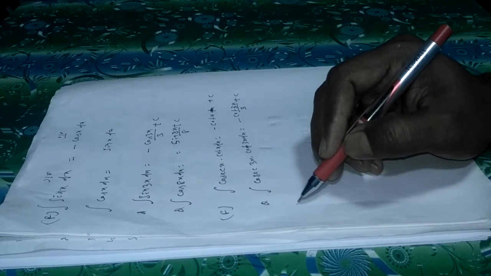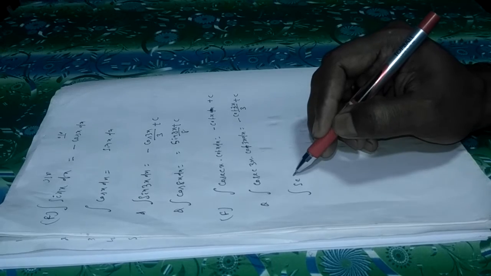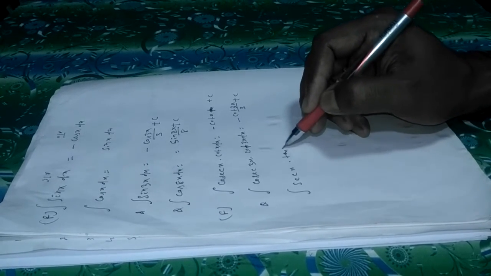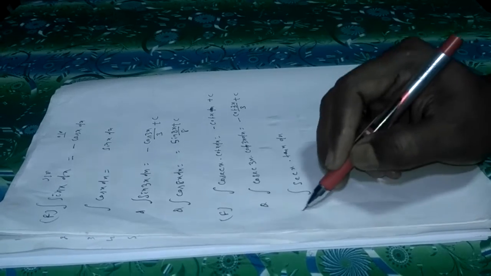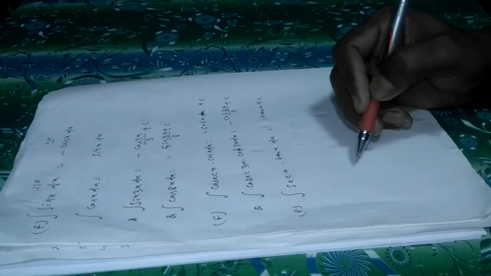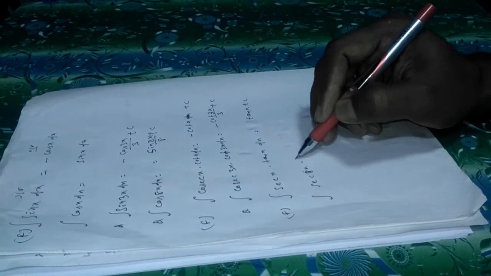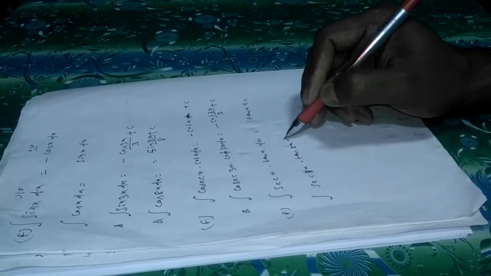Similarly, sec x into tan x into dx. What is the formula? Sec x tan x integrates to sec x plus C. So on the basis of the formula, sec 8x into tan 8x into dx.